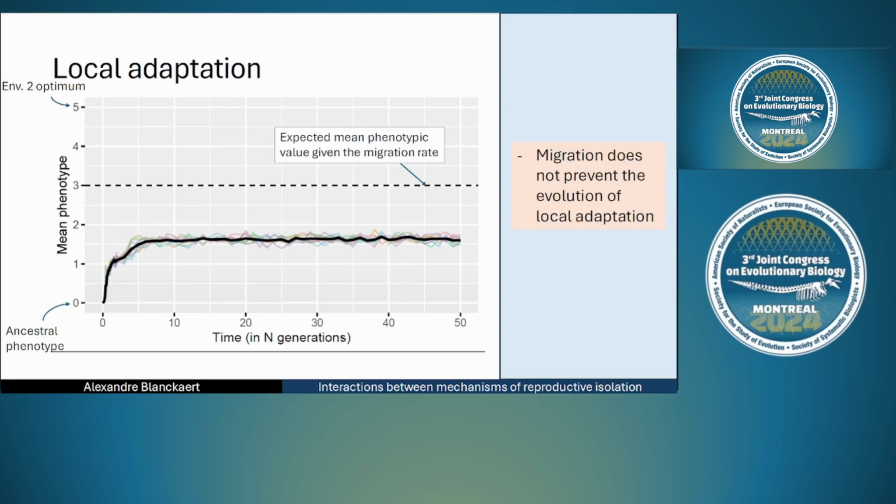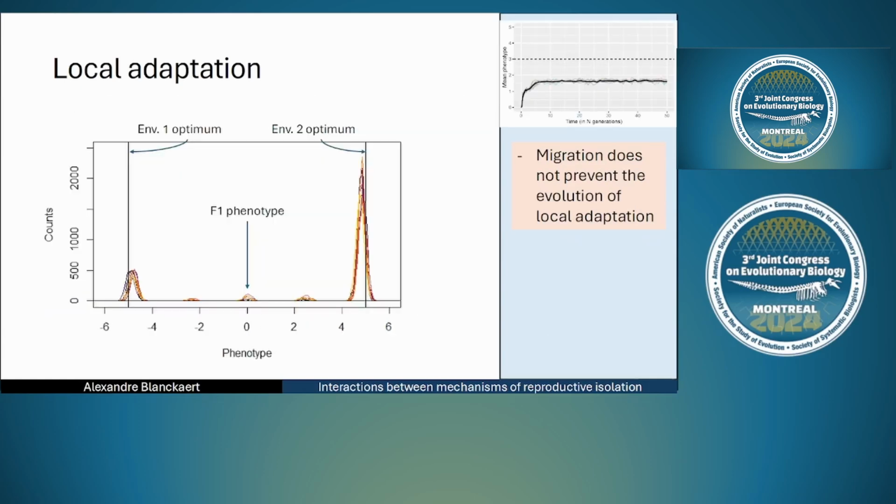And what we can clearly see is we evolved some local adaptation, but it seems to be not that strong. But we can look at what happened in the last generation and look at the population itself to get a better snapshot of what's going on, and this is what we obtain. Each color now is a replicate again. The x-axis is the phenotypic values that all the individuals can take, and this is simply a distribution plot.